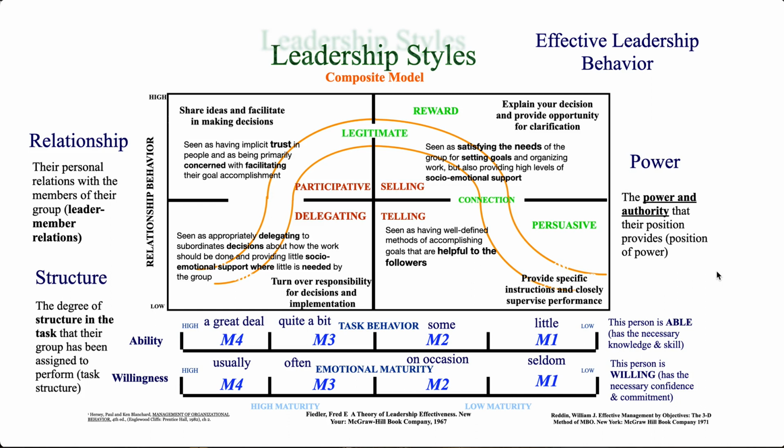There are certain legitimate power, meaning that they're in a position of authority. There's some referent power, information, expert. So this is kind of the diagram when you think of effective leadership. These are the key components.